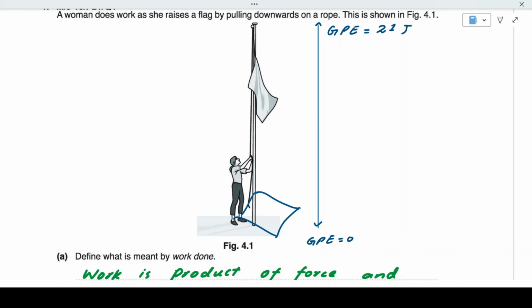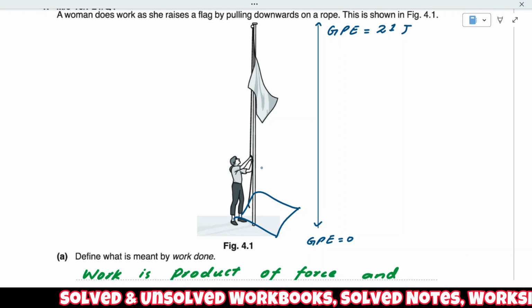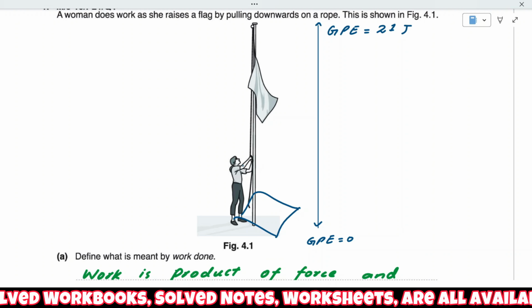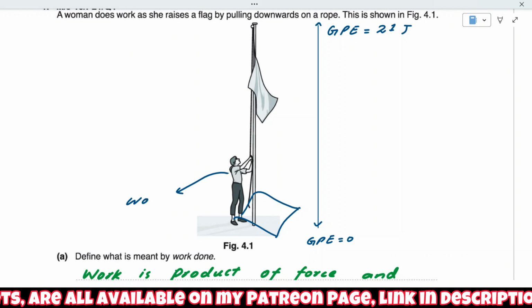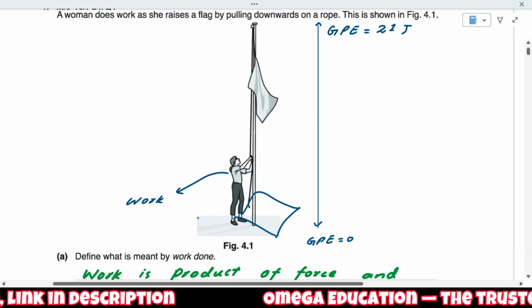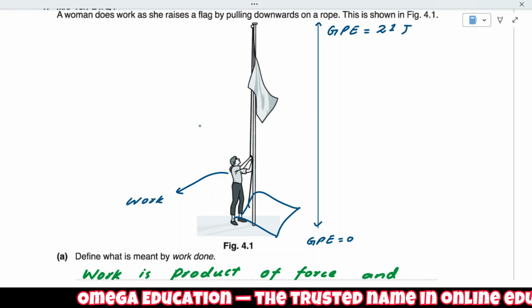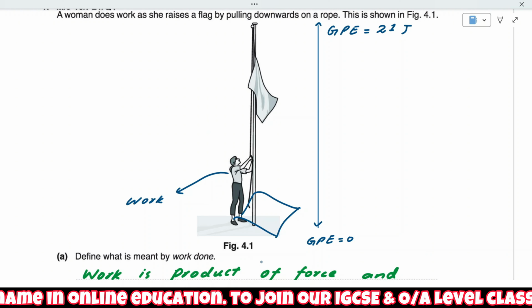So where does the flag get the gravitational potential energy from? Who provides the flag the gravitational potential energy? Is this fellow over here. She does the work on the flag, and the work is converted into the form of gravitational potential energy.